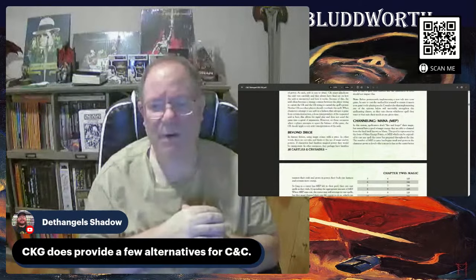So channeling, mana MEP. In this system, spellcasters don't fire and forget their magic, but instead have a pool of magic energy they are able to channel from the land itself, known as mana. This pool is represented in the form of mana energy points, or MEP, which can be expended to cast any spell the caster has prepared throughout the day.